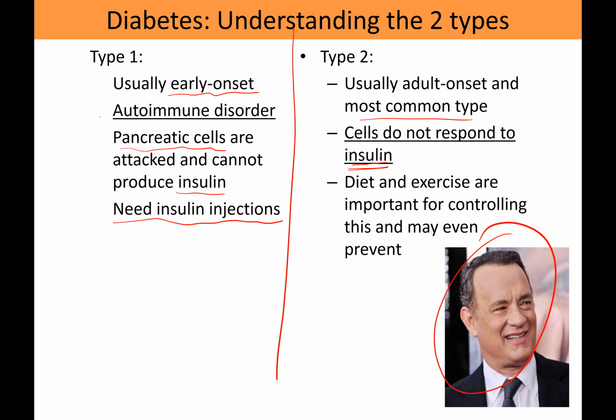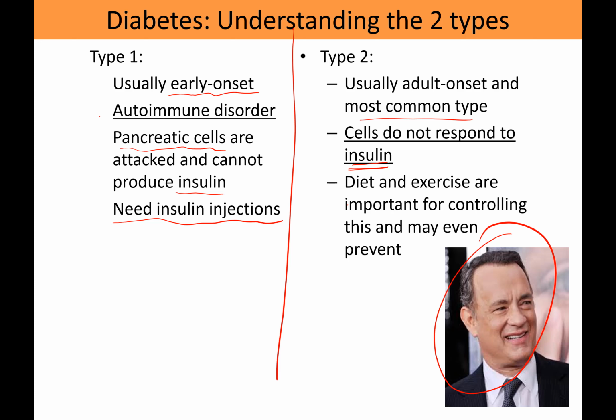They're just not receptive to it. And so the cells are needing glucose and they're not getting it. They are screaming at the pancreas saying, come on, crank out some insulin. So it produces insulin, but again, the cells just don't respond to it.